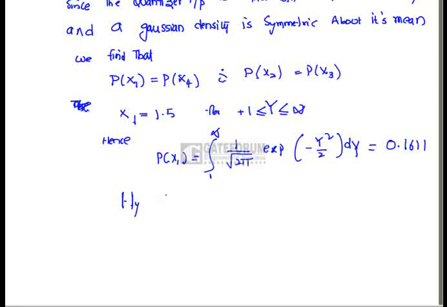Similarly, we have to find probability of x2, which equals 0.3389. After finding probability of x2, if we substitute probability of x1 and probability of x2 in the entropy equation, we will get 1.91 bits.